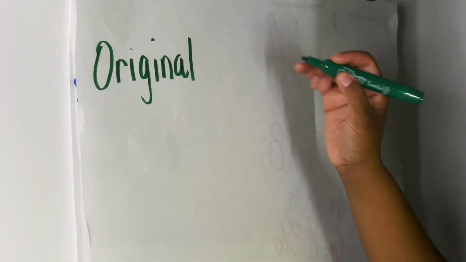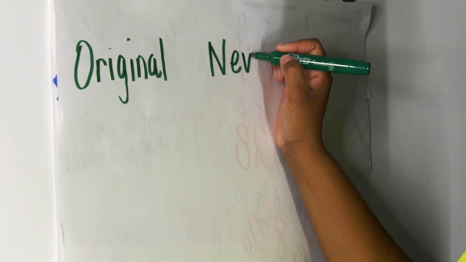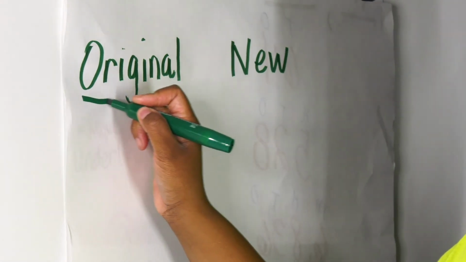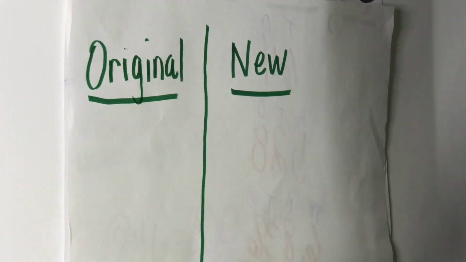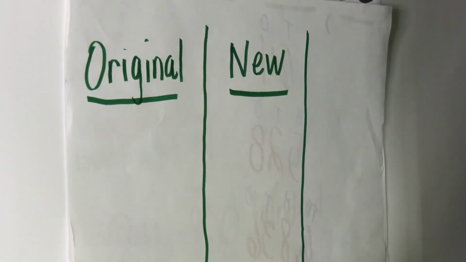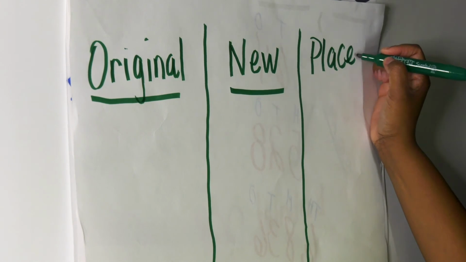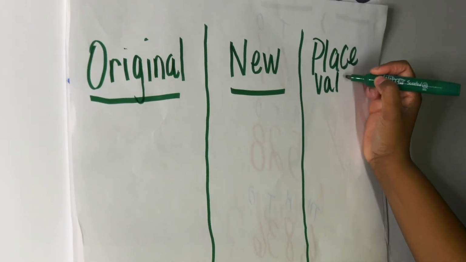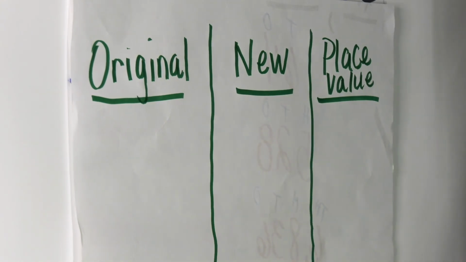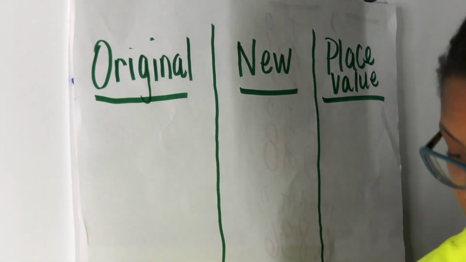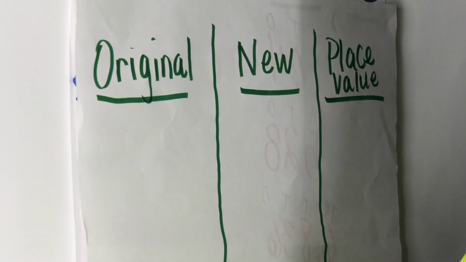We're gonna have our original number, and then we're gonna have our new number. And then over here, we're going to write the place value that it was rounded to. Okay.